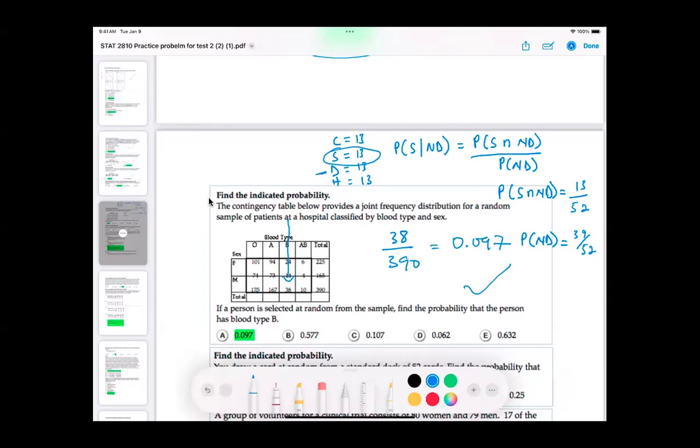So now that we have this, we can just plug this in here. So 13 over 52 divided by 39 over 52. When you use your calculator to compute, what do you get?